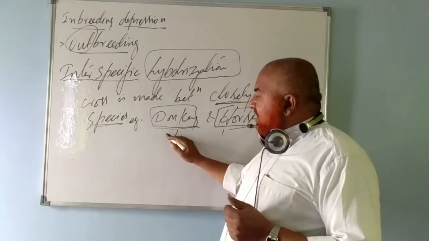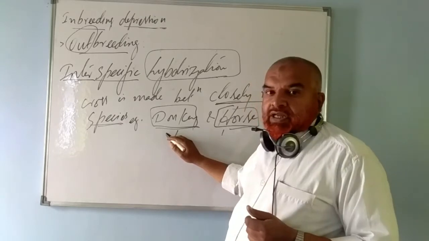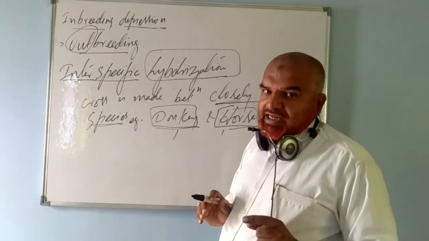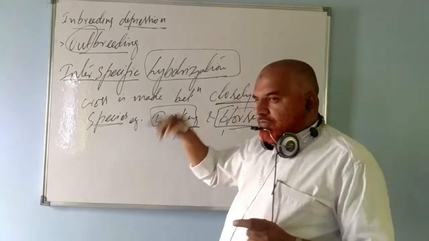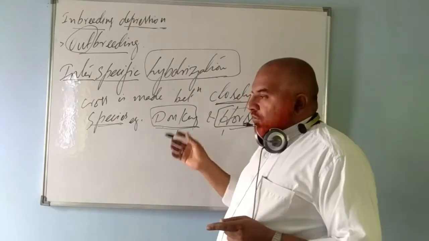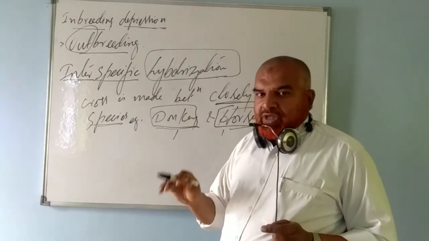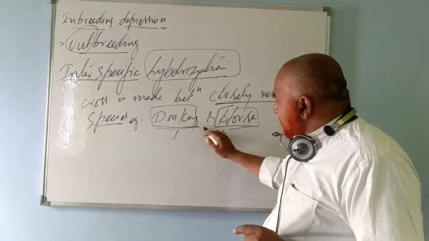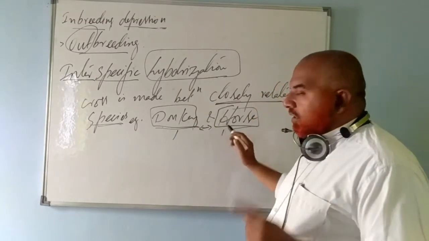Now, donkey is not close to other mammals like cow and buffalo. Not closely related species. Cow is also a mammal, bull is also a mammal, but they are not closely related. Though they have many characters in common, being herbivores and all those things, they are not closely related species. Donkey is very closely related to the horse.